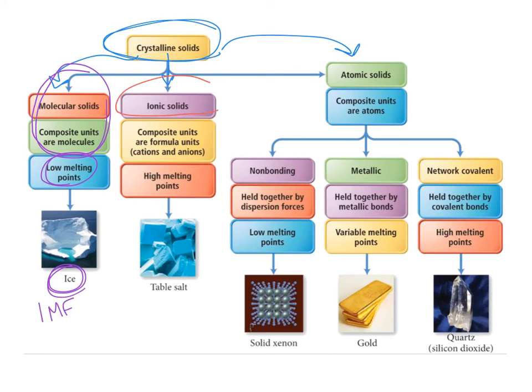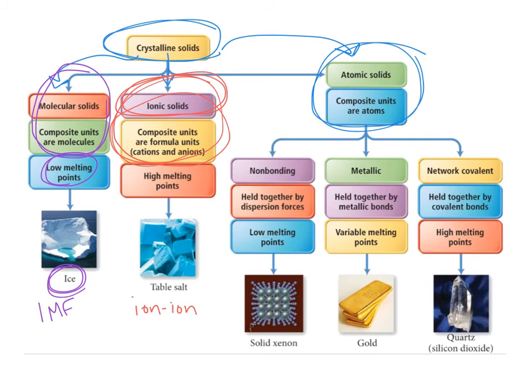If the corners of the solid are ions, so this is ionic bonding, they're going to tend to have high melting points. These are ion-ion forces, like table salt, or Epsom salts, or really any kind of salts, ocean salt. And if the corners of a solid are atoms, well, it can go lots of different directions.